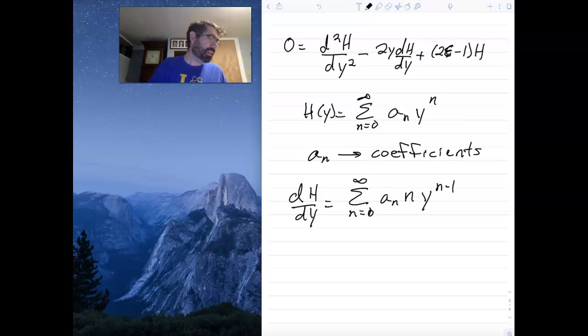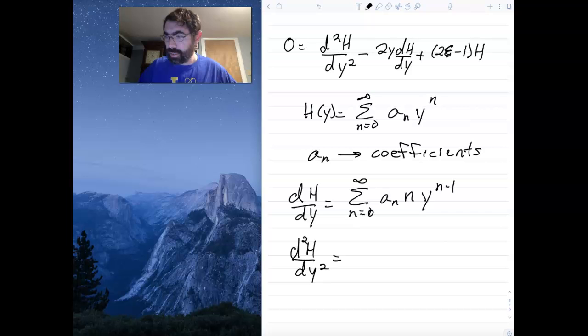Okay, and then the second derivative is to take the next derivative here. This now starts at 1, right?